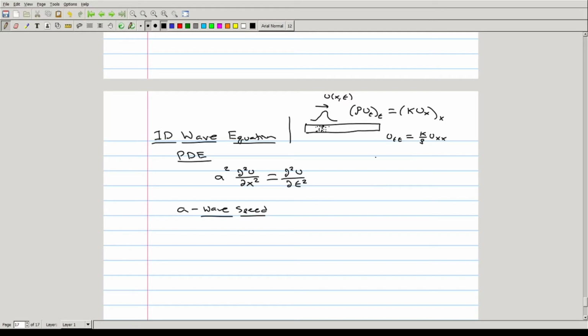So for elastic waves, a squared is equal to k over rho for constant k and constant rho.